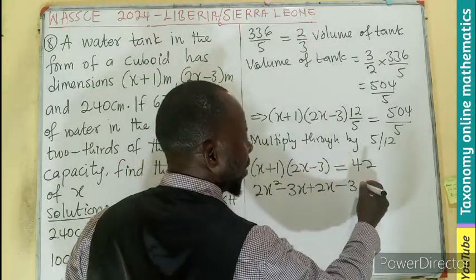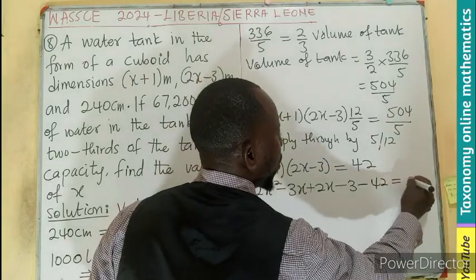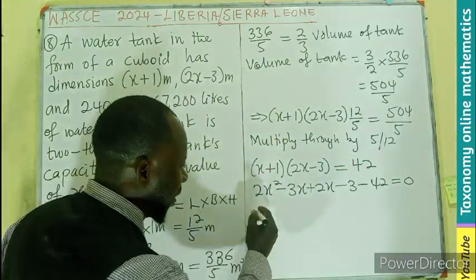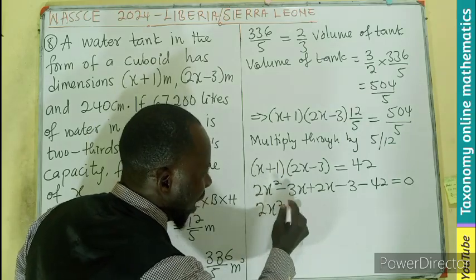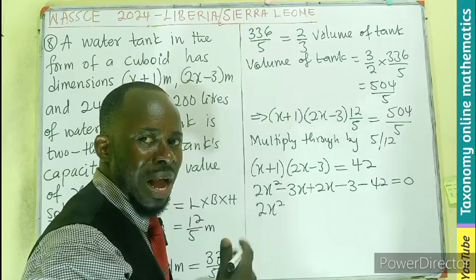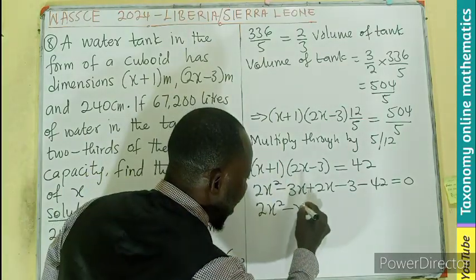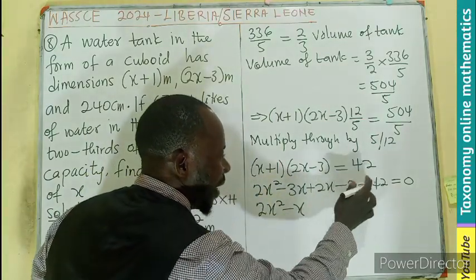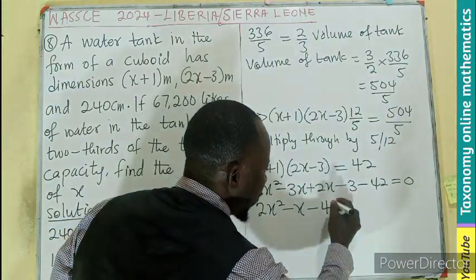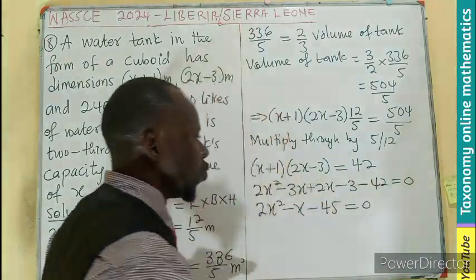Let's bring in the minus 42 equals 0. What can we do from here? I'll be seeing 2x squared minus 3x plus 3x. That will become minus x. So minus x minus 3 minus 42 will give you minus 45 equals 0.